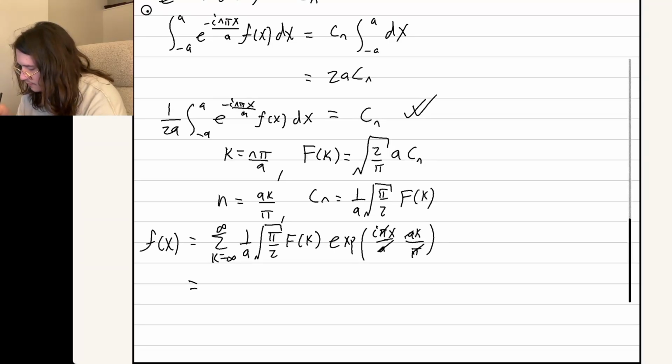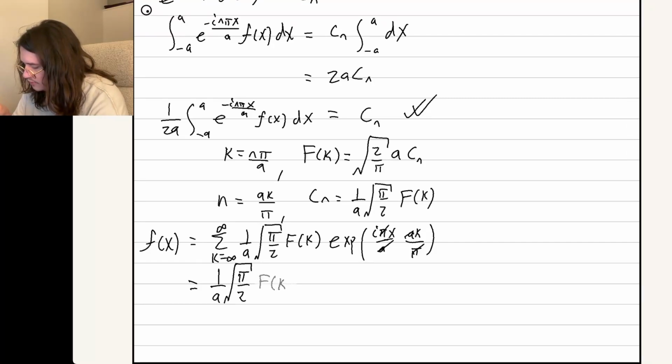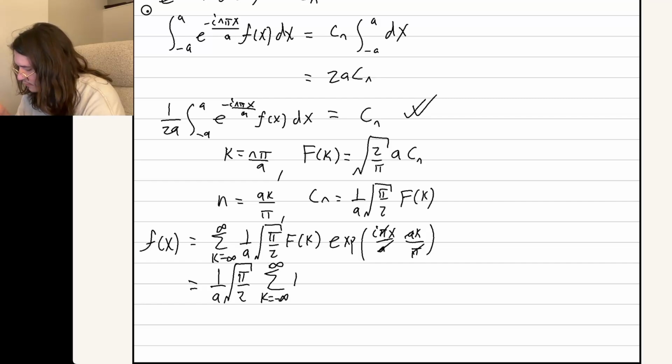So moving the constants outside, let me actually sum over all values of k, minus infinity to infinity, F(k) e to the i k x. My handwriting is terrible. i k x.